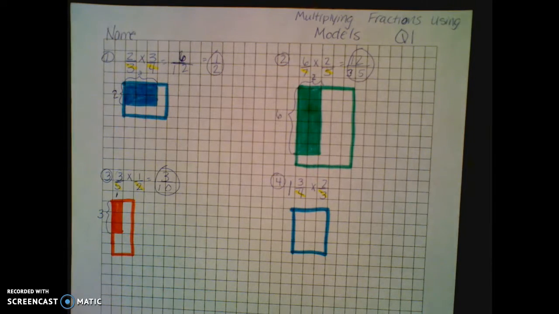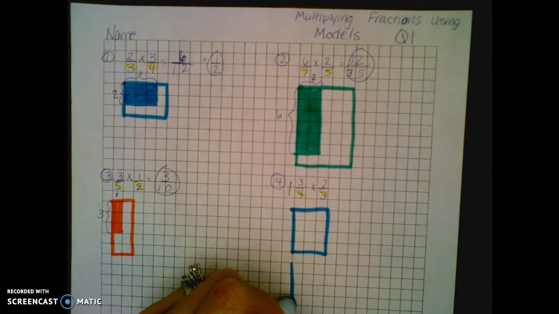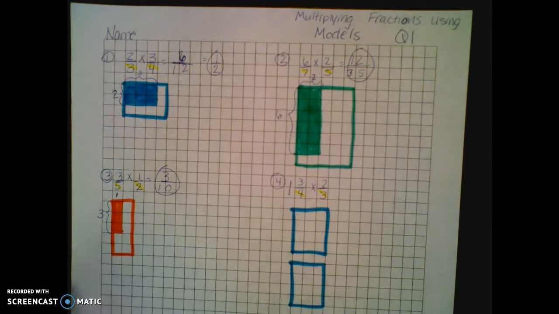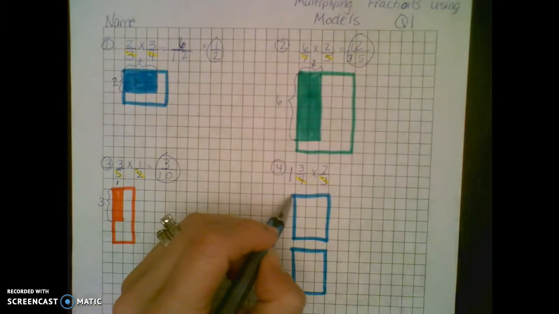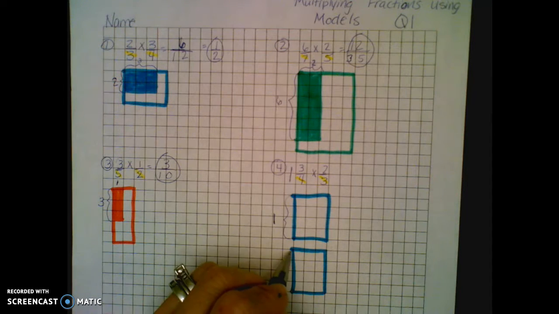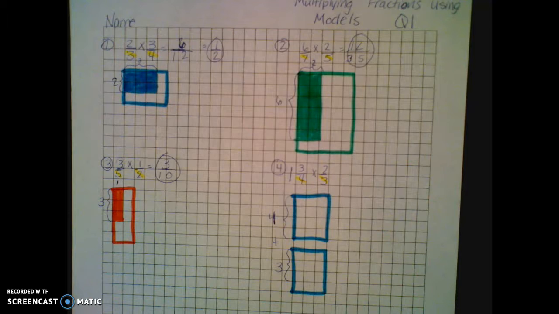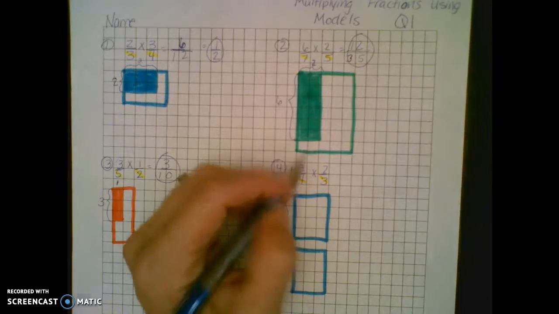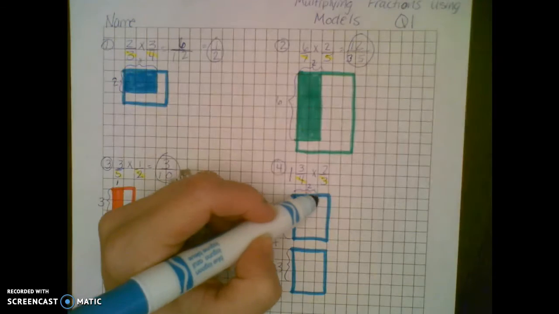This time, instead of having only 1 of them, I'm going to draw a second 4 by 3 rectangle, because according to this problem, I have 1 whole, so it's 4/4, and an additional 3/4. So I need 4/4 plus 3/4. Again, I'm going to shade in 2 out of my 3 columns, but that's going to go all the way down.